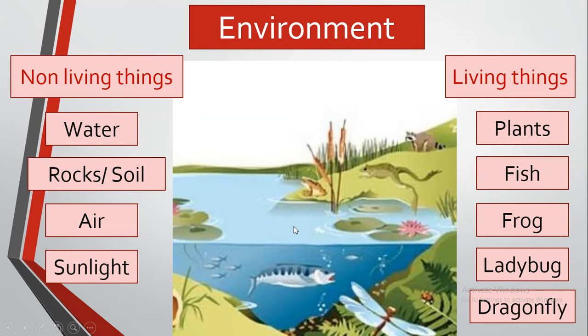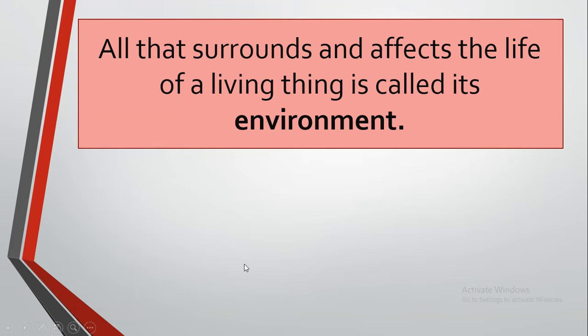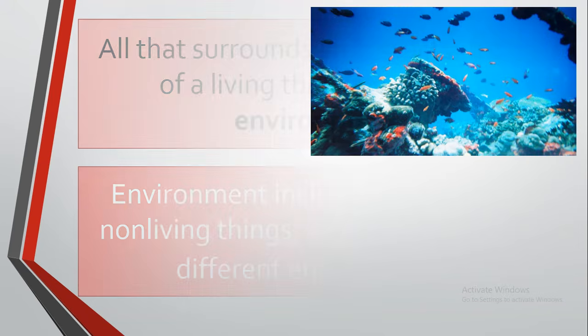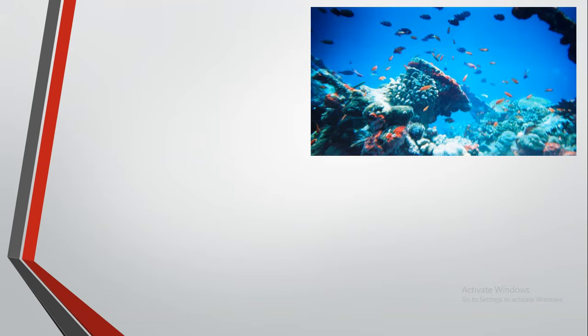So, environment includes all living and non-living things. So again, all that surrounds and affects the life of a living thing is called its environment. Environment includes all living and non-living things, and there are many different kinds of environments.